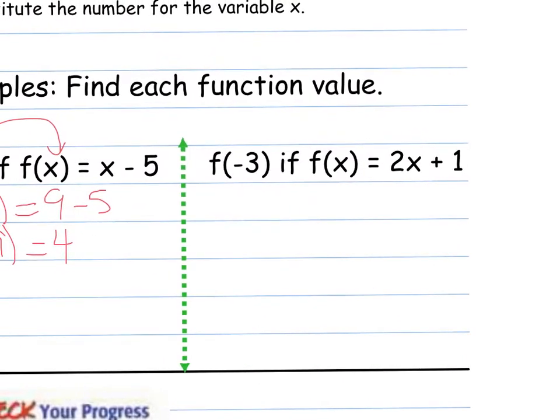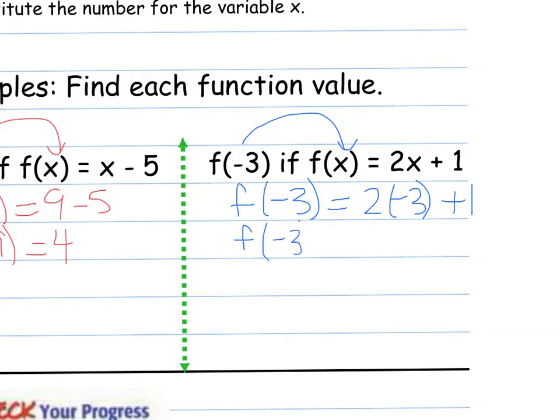Same thing here. We're going to plug in negative 3 for x. So we do the function when x is negative 3. If the function is 2x plus 1, in this case 2 times negative 3, plus 1. Order of operations tells me to do multiplication first. 2 times negative 3, positive times a negative is a negative 6, plus 1, leaving us with the function when x is negative 3 to be negative 5.